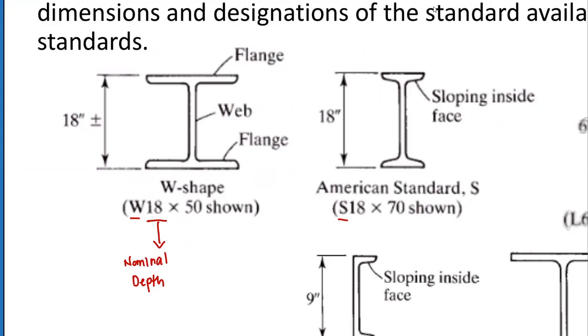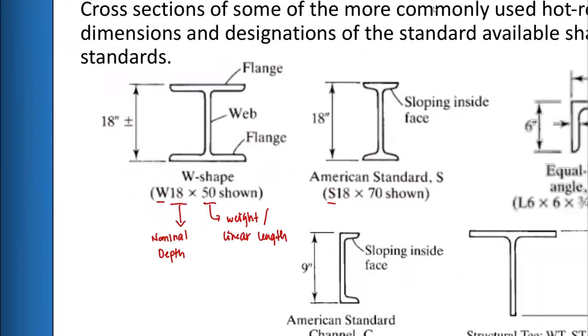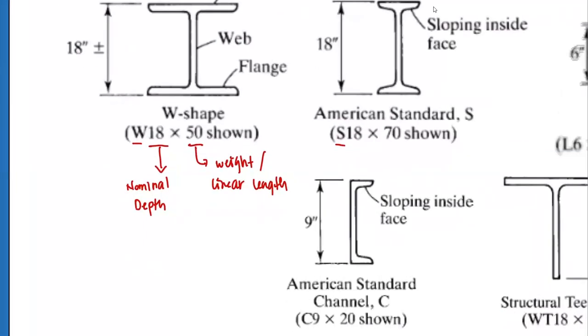Okay. Then we have the second number, which pertains to the weight per linear length of our member. So this means since this particular designation is in English, this is in pounds per inch or pound per foot, depending on the table that you are looking at.